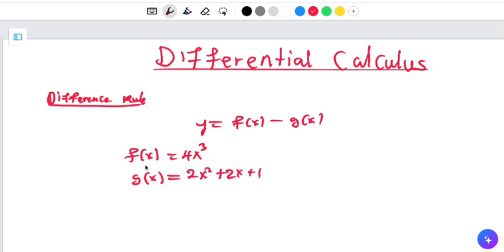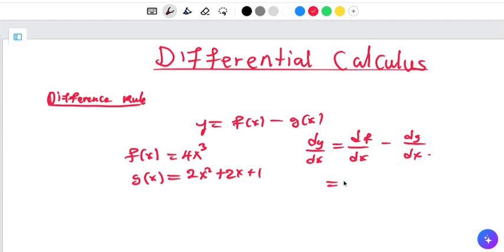Then we are finding the dy/dx using the difference law. So dy/dx is going to be equal to df/dx minus dg/dx. So what is our df/dx?